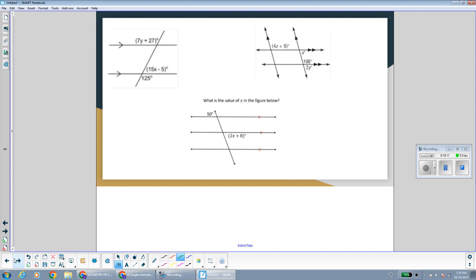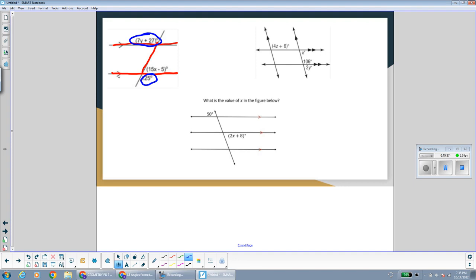Let's find the value of the variables in each of the diagrams. So in this top one, we have parallel lines cut by a transversal. I see that these two angles here are alternate exterior angles outside the lines, different sides of the transversal.